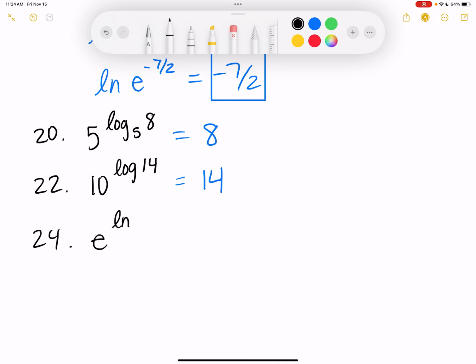E to the ln of 1/5. 1/5. All right, any questions on those?